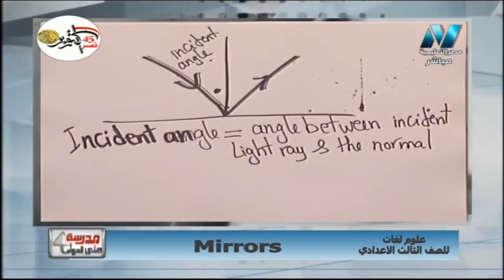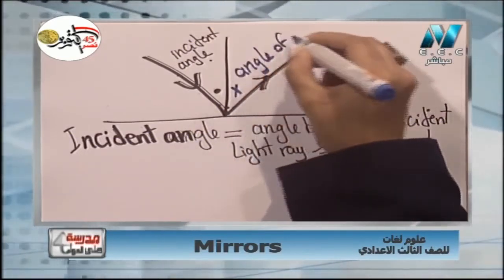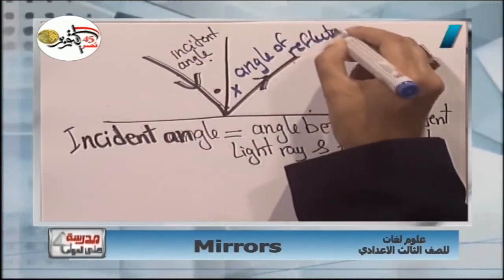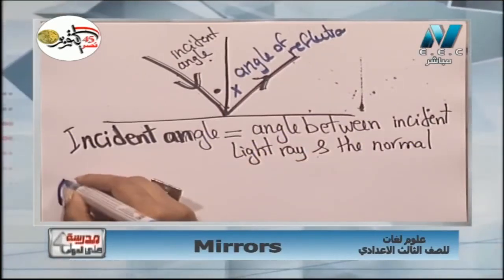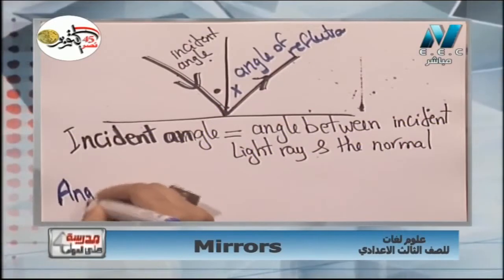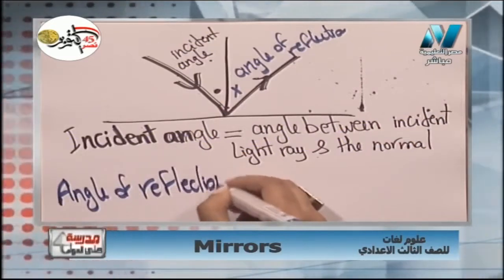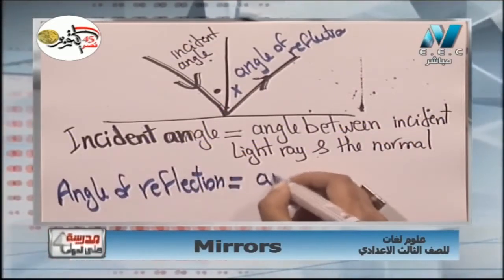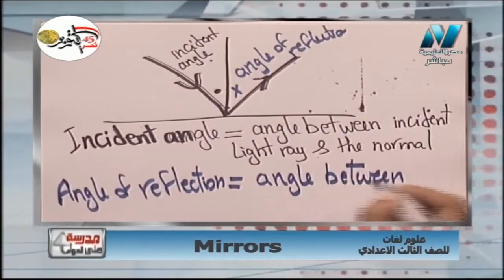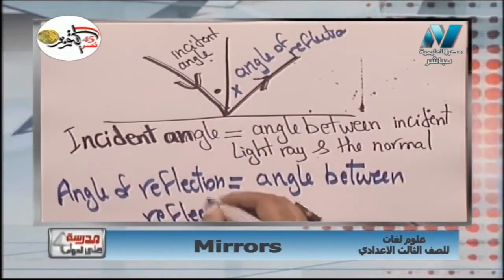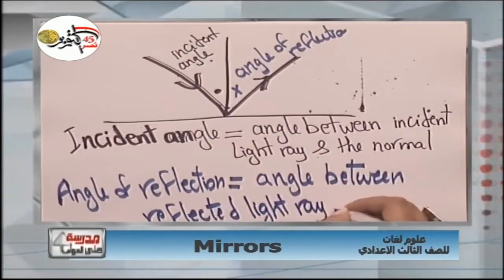What about the angle of reflection? This one, okay, define it. Angle of reflection. It is the angle between the reflected ray and the normal.